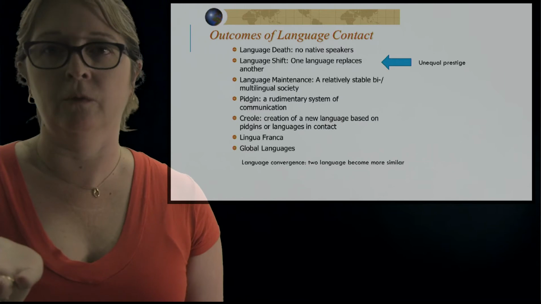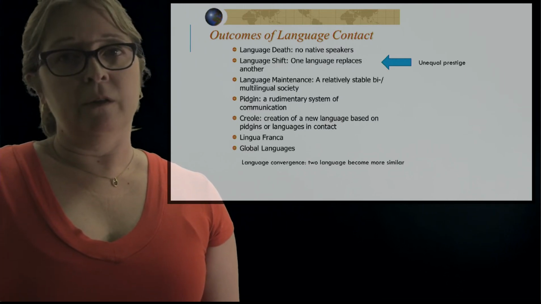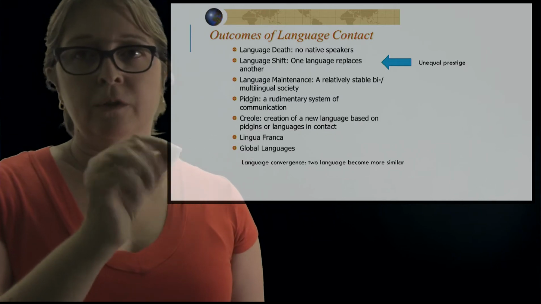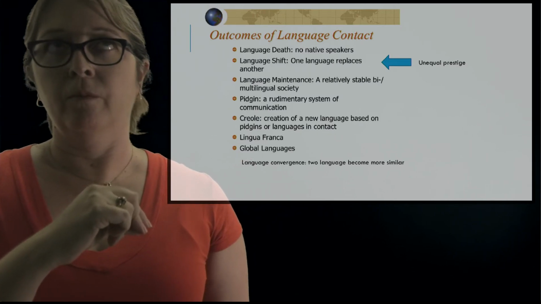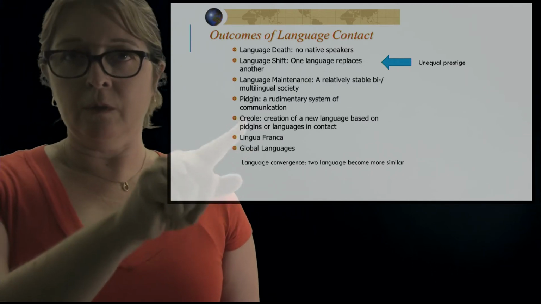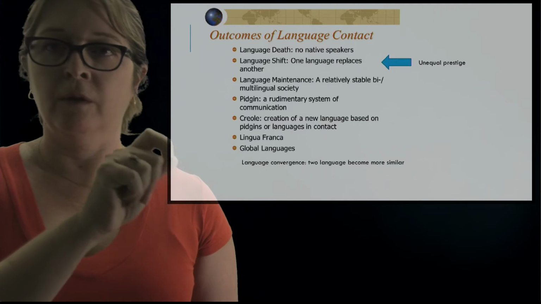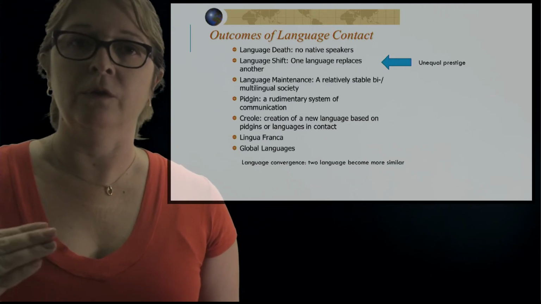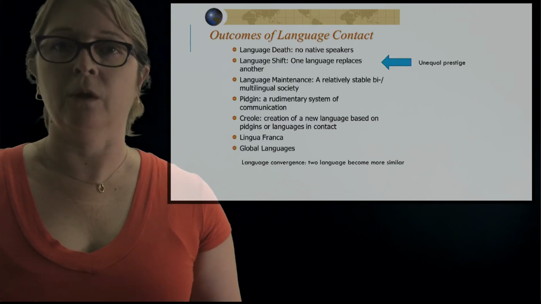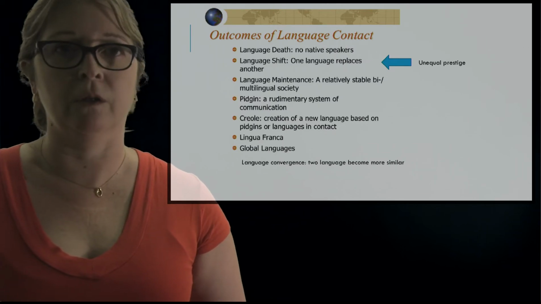And global languages, which is almost like lingua franca, but languages that are more commonly used, okay? There was another one that was not on this particular list, language convergence, when two languages become more similar to each other. Okay, so those are all outcomes of language contact.